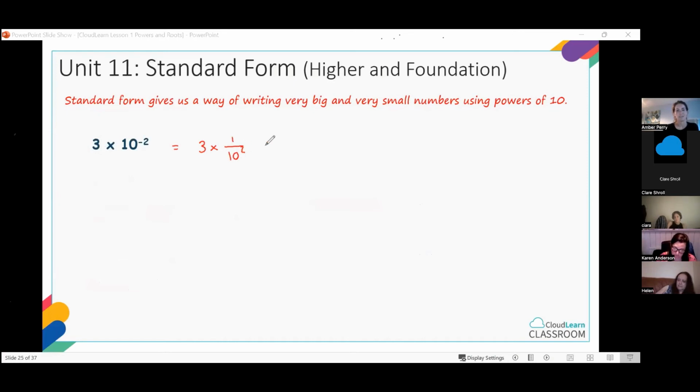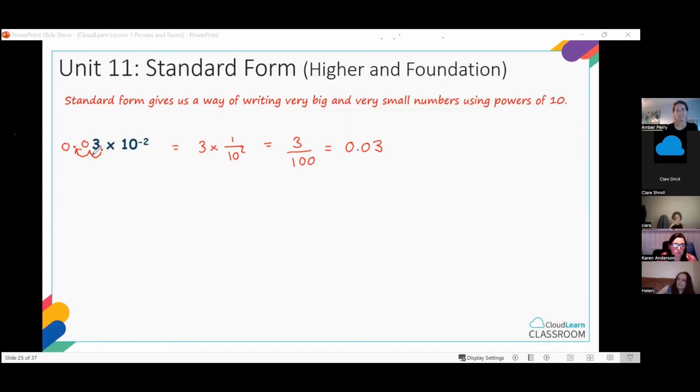So that means it's actually the same as 3 divided by 100. 10 to the power of 2 is 100 there, okay? Which means that that's going to be 0.03. So you can see that our decimal point, which started off here, has now moved 1, 2 places. So it's now going to be there.